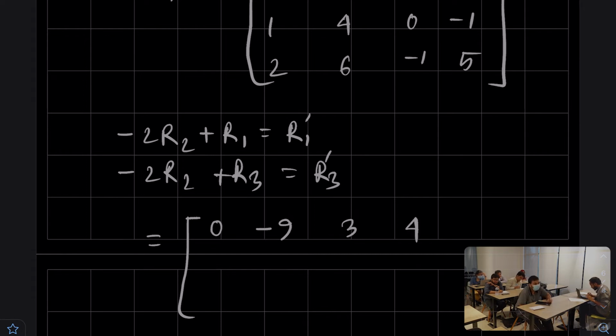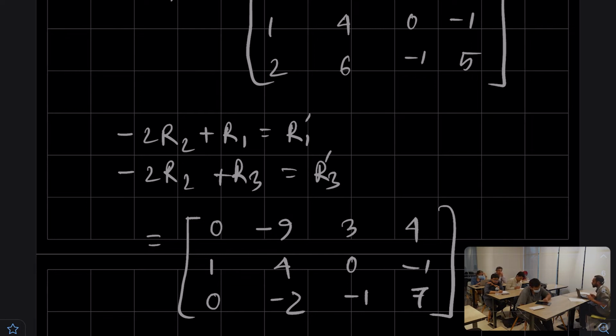And the second row is unchanged, this is 1, 4, 0, minus 1, and the third row is 0. So 4 times 2, that means 6 minus 8, that is minus 2, that is minus 1, and that is 2, that is 7. Okay.